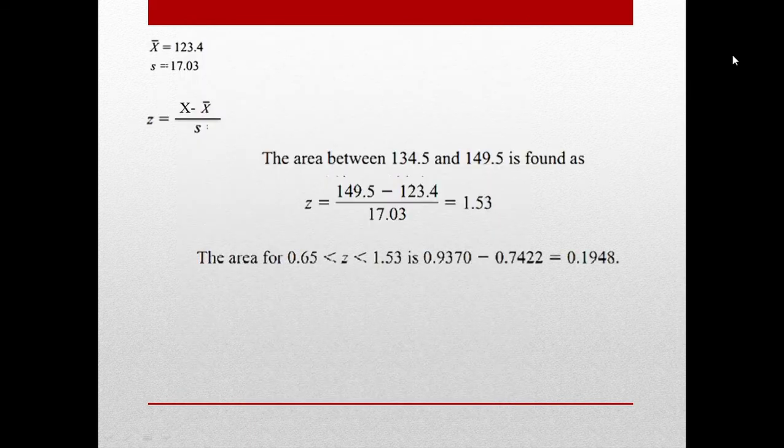For Z greater than 0.65 and less than 1.53, the area is 0.9370 minus 0.7422, which is equal to 0.1948.